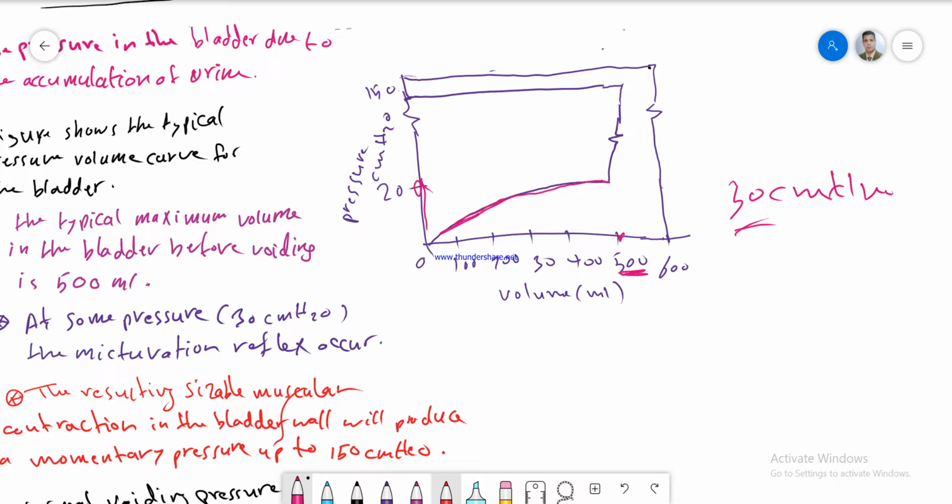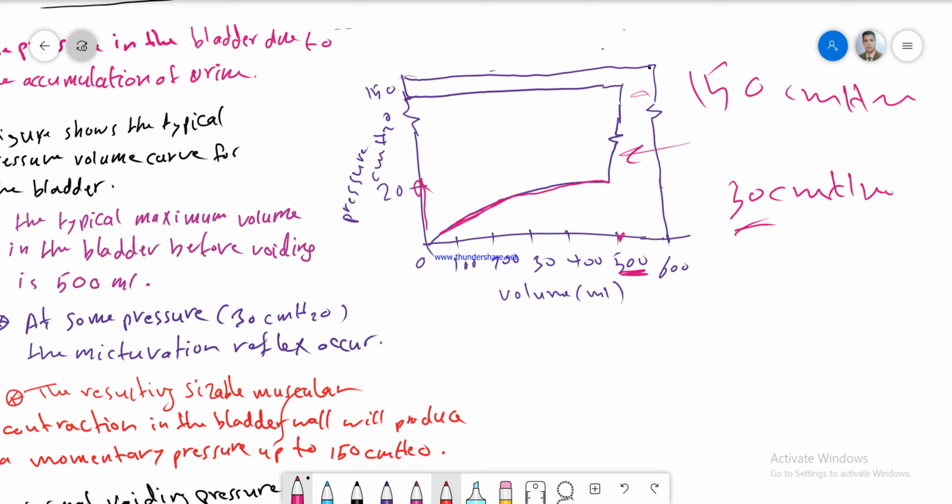An increase in the accumulation of urine inside the bladder causes a strong muscular contraction of the bladder wall, reaching up to about 150 centimeters H2O. Therefore, the person must urinate.